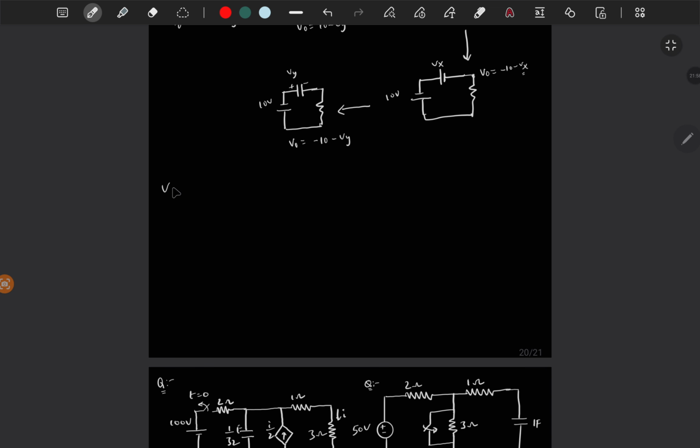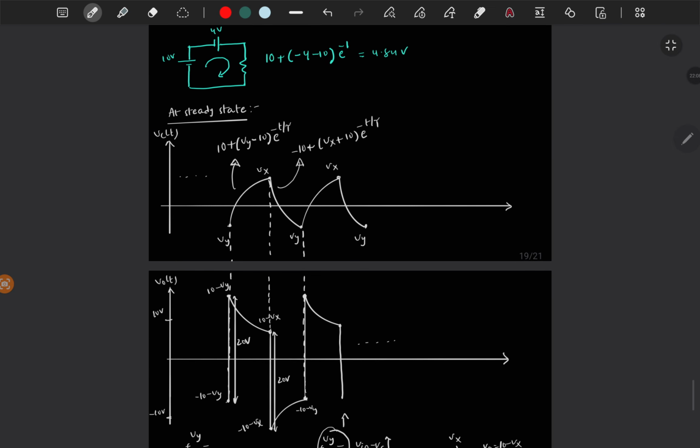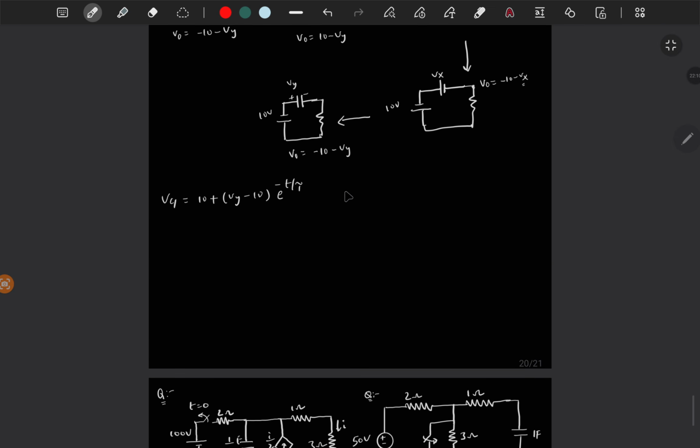So Vc1 is final value plus initial value minus final value e power minus t by tau, and Vc2 is final value plus initial value minus final value e power minus t by tau.